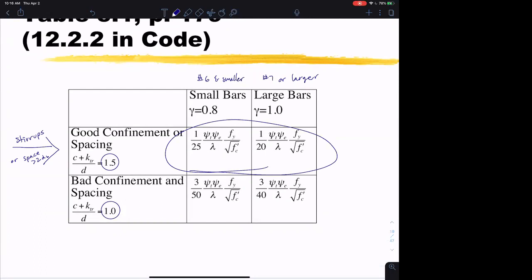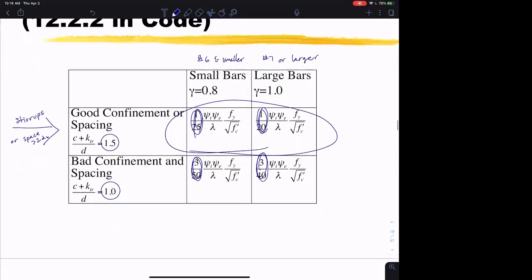Okay, you still have to know the top bar and epoxy bar factor and the lightweight concrete factor. But what you get here, the only difference are these fractions. And to show you which one is the best and which one is the worst, well, obviously this is the worst, this is the best. But what about these 2?